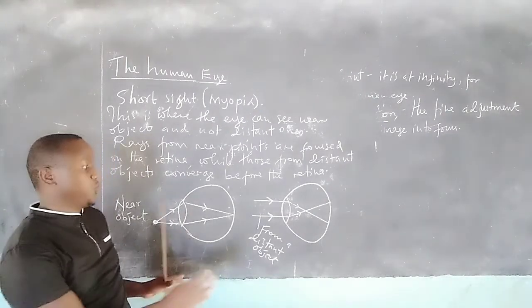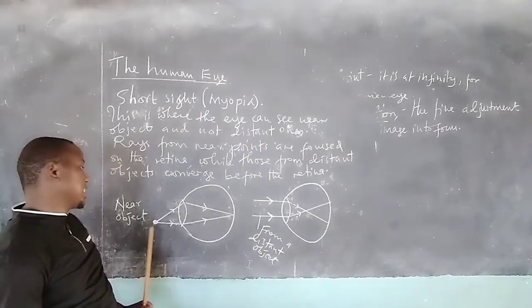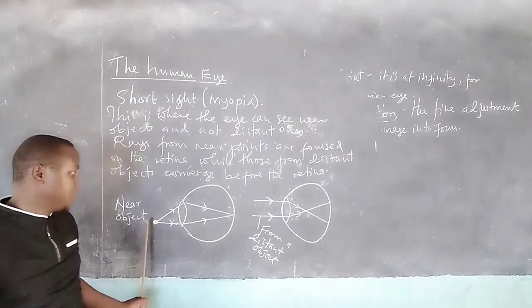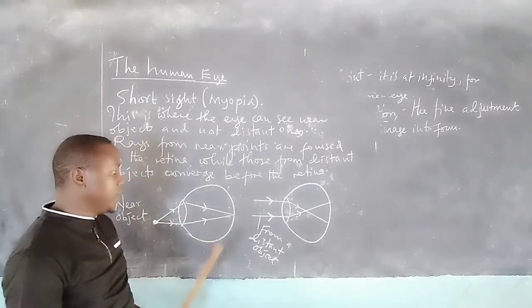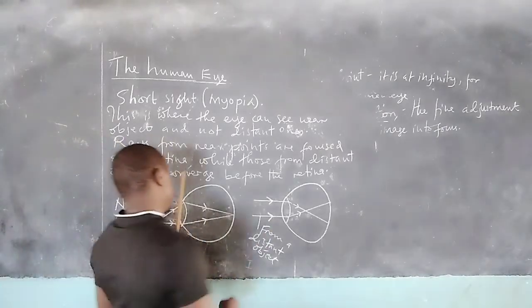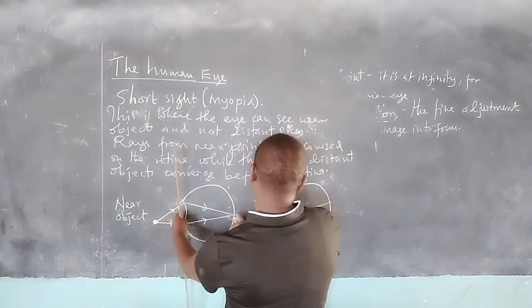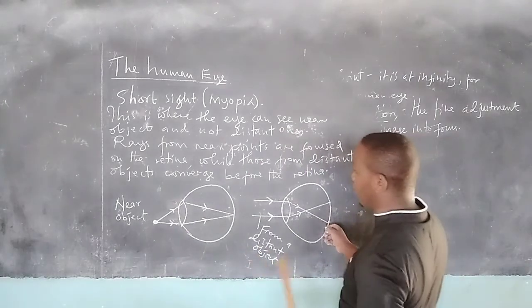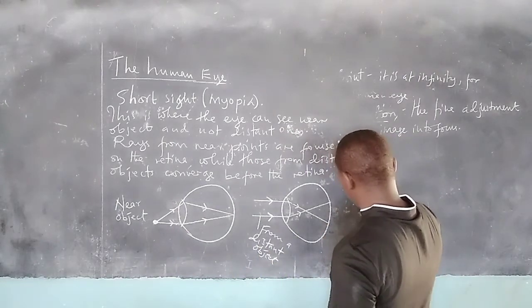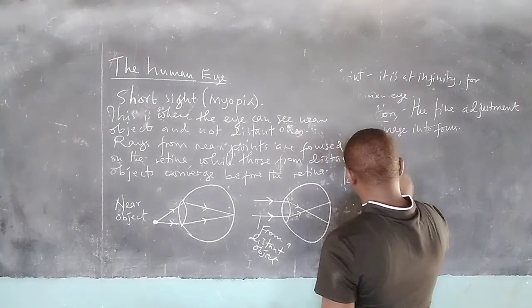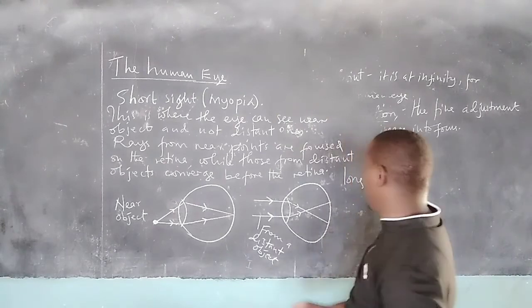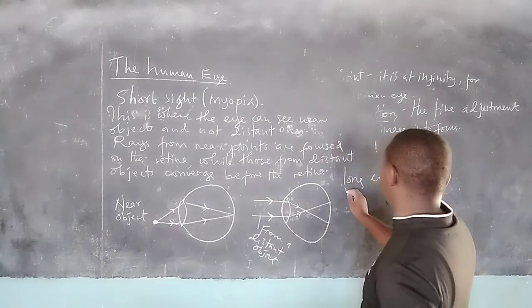The causes of short-sightedness, such that a person can only see things which are near, is first a long eyeball. The distance from the lens to the retina is the eyeball length. Or it can be caused by a short focal length.